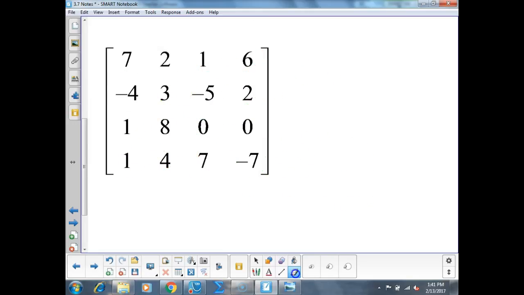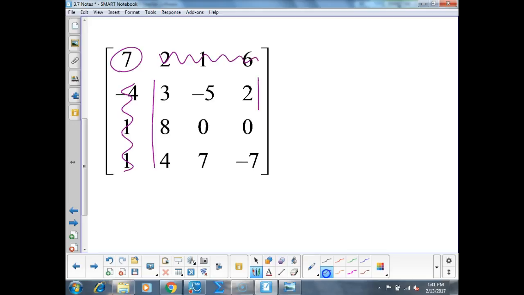How you actually go about doing it is you pick any row. Okay, so I'm going to pick the first row. I would take 7 times that. With me?